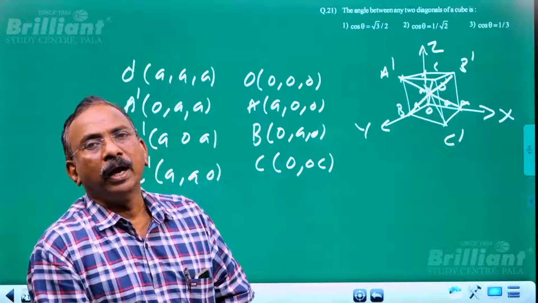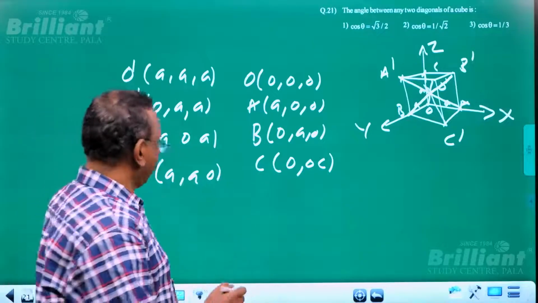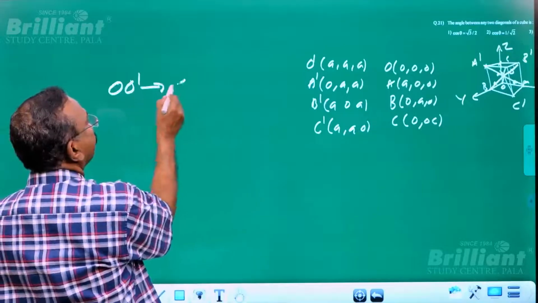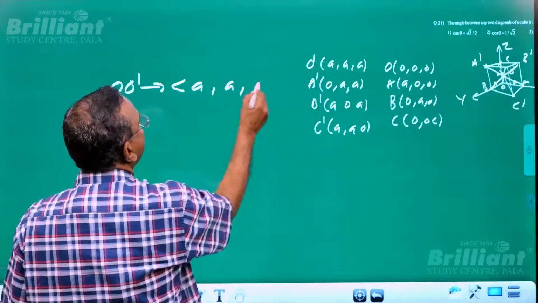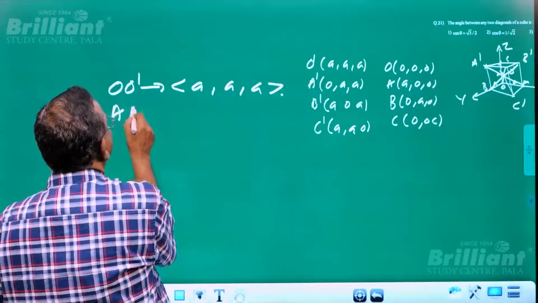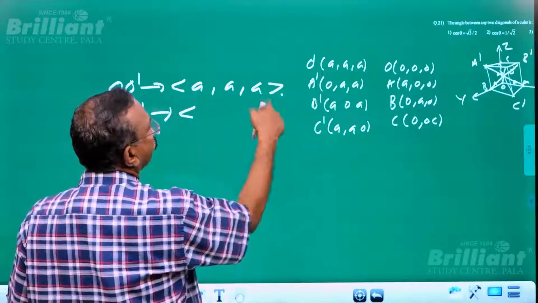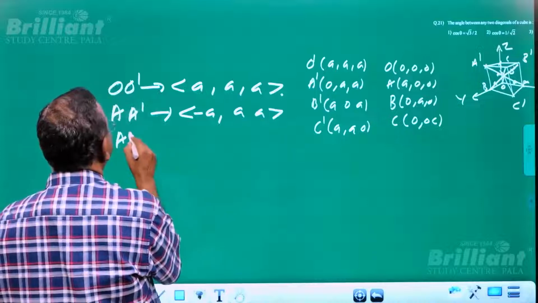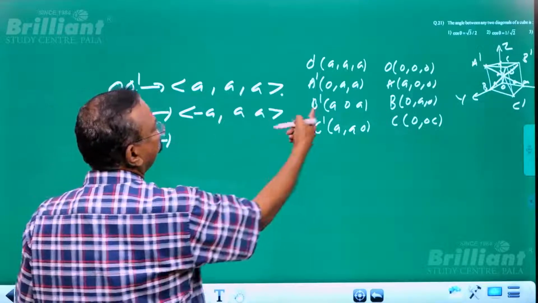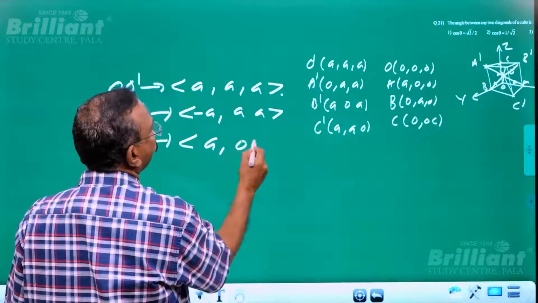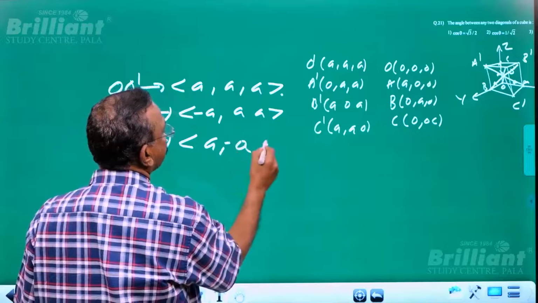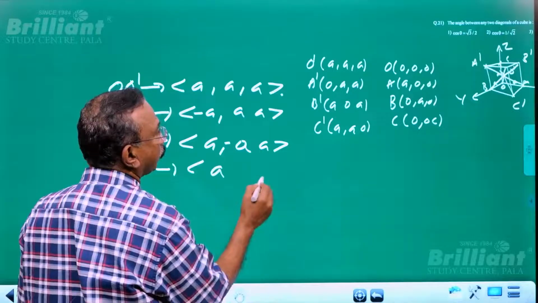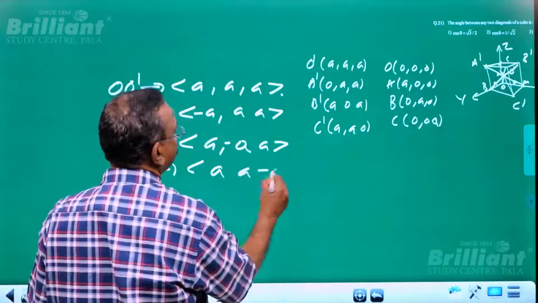You want to find the angle between any 2 diagonals. Take one diagonal, OO dash, whose direction ratios are A, A, A. Similarly, A A dash has direction ratios minus A, A, A. And B B dash, and C C dash likewise.